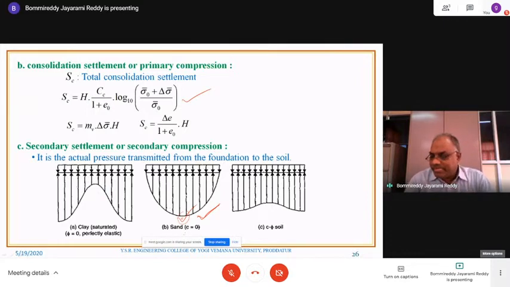And the next one is completely clay soil. You can imagine that it is exactly opposite to the sand, or otherwise, imagine that you are keeping your foot on the marshy land. So what is going to happen?